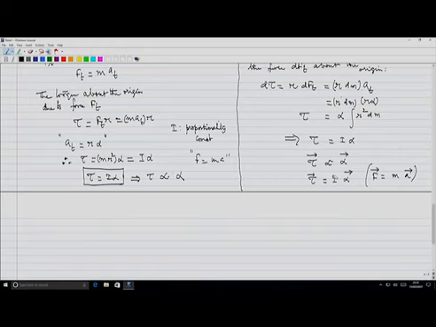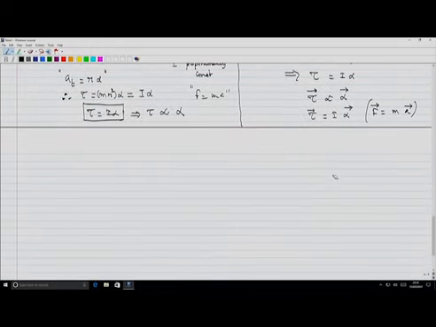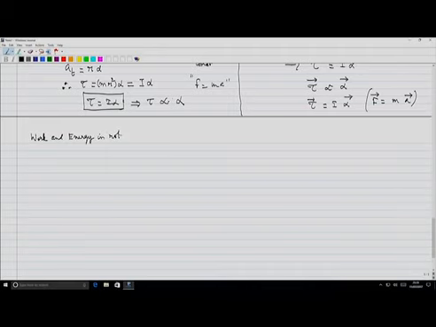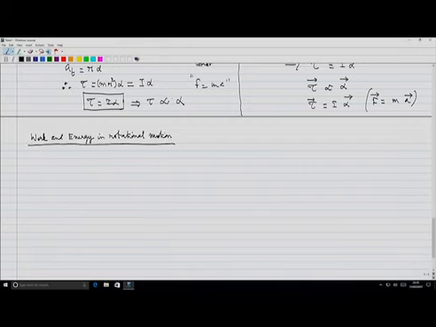Now we have one more thing to do, namely, what is the role of work and energy in rotational motion? Okay. What is the definition of torque?